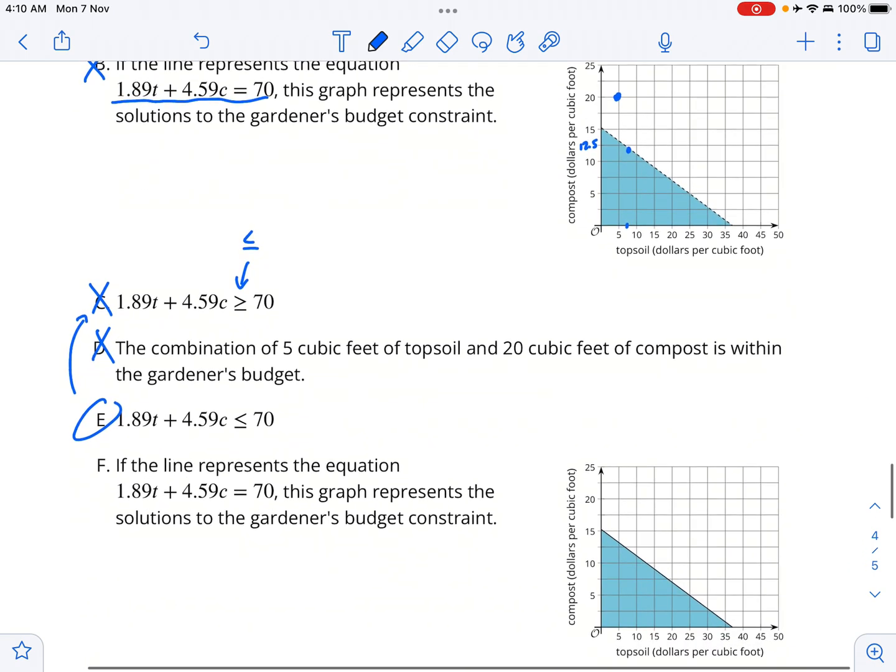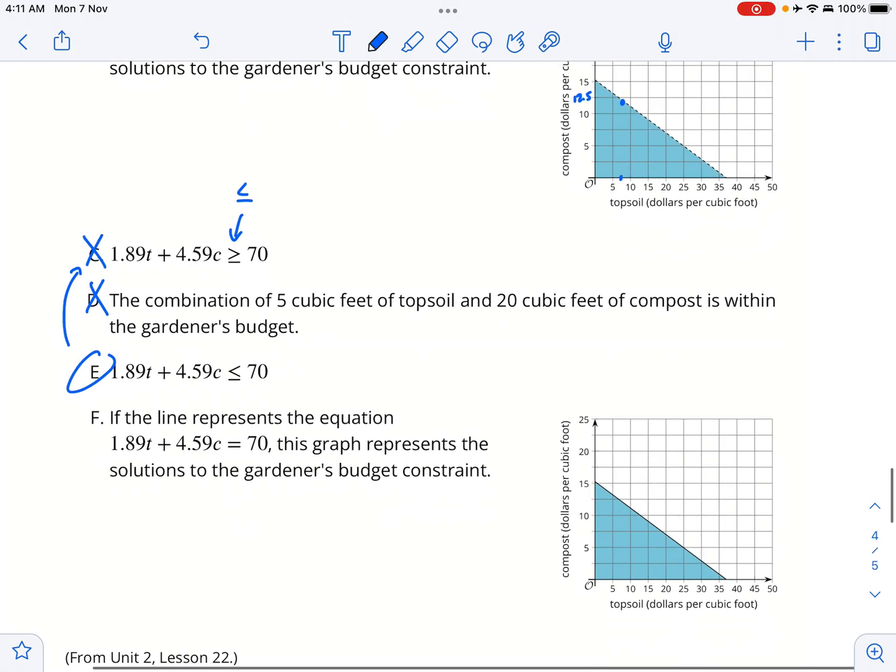And then the last one, F. If the line represents the equation 1.89t plus 4.59c equals 70, this graph represents the solutions to the gardener budget constraint. And that is true because the line, okay, the line is the constraint. That's like the thing that's bounding the region.